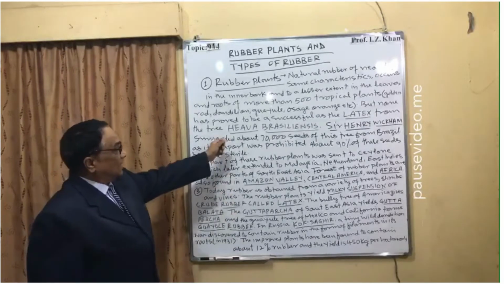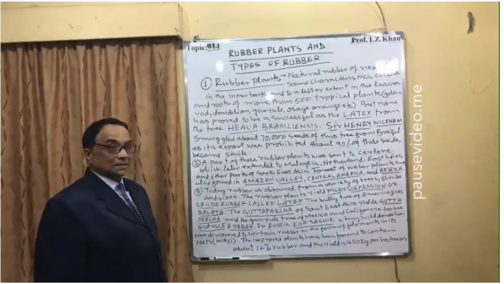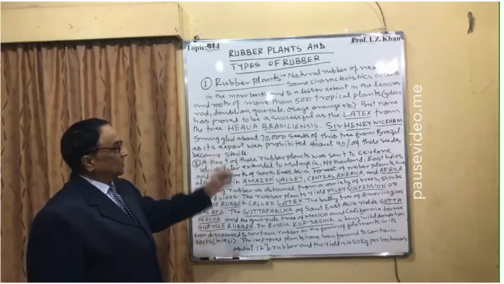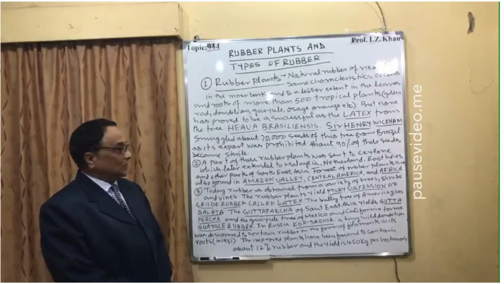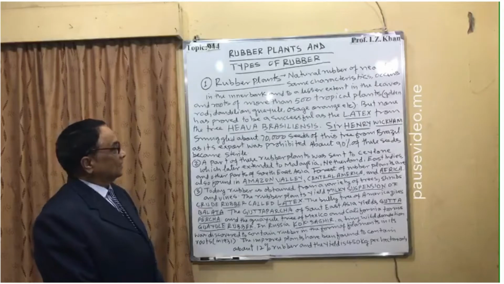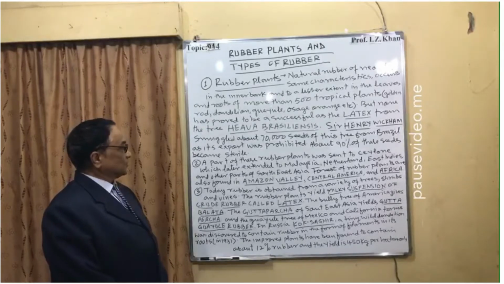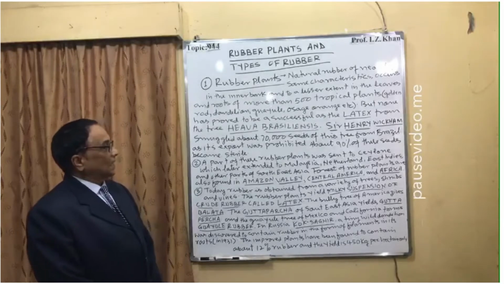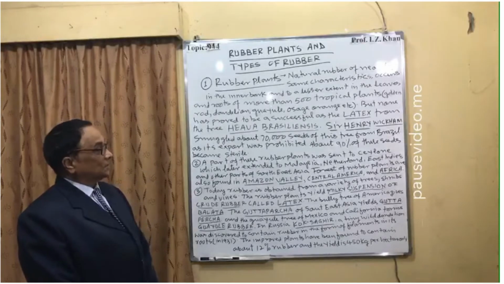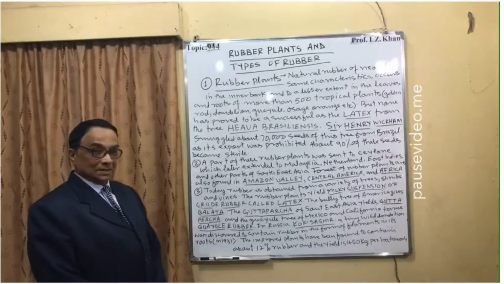So this Hevea tree plantation seedling, some 70,000, was smuggled from Brazil by Sir Henry Wickham, as its export was prohibited. More than 90% of these seeds became sterile.